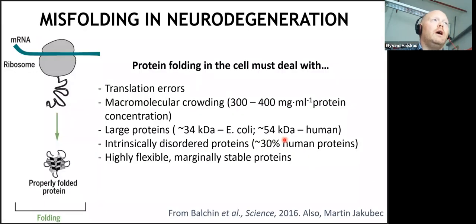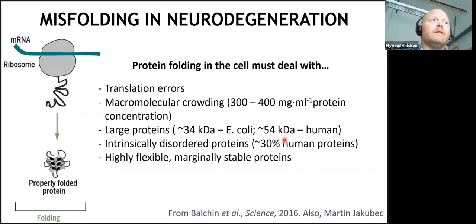So, misfolding in neurodegenerative diseases. When a protein folds, as many of you know, the protein has to deal with a lot of challenges, such as translational errors, and crowding in the cell cytosol, up to 300 to 400 milligram per milliliter protein concentration. That's quite a lot.